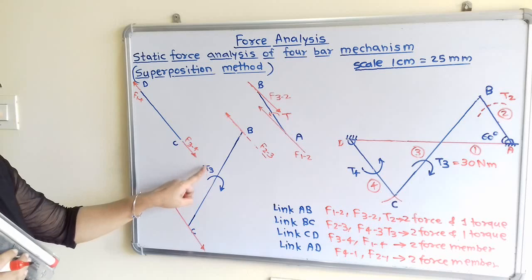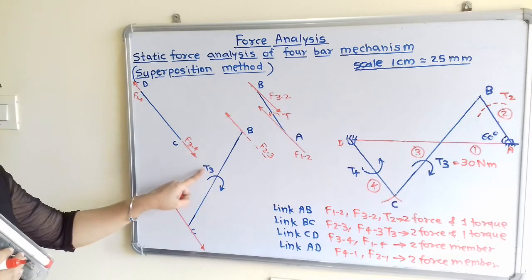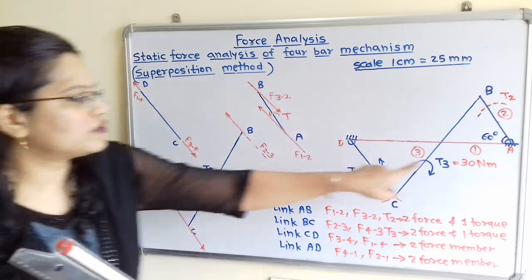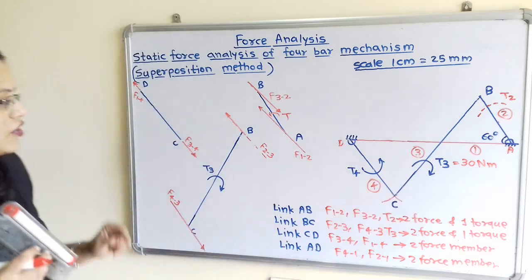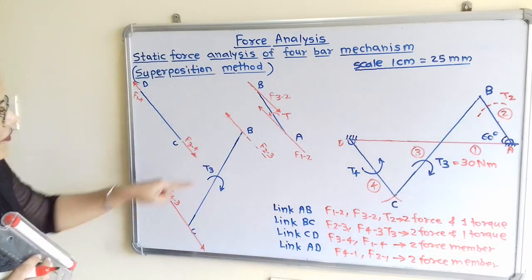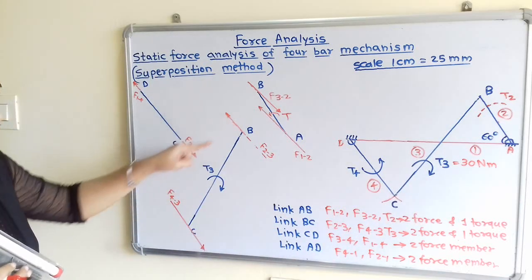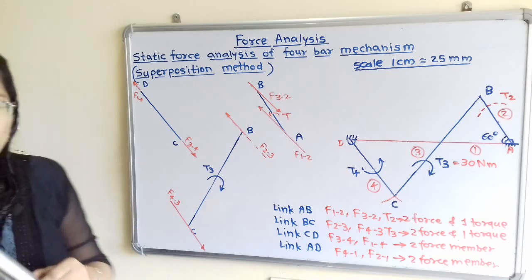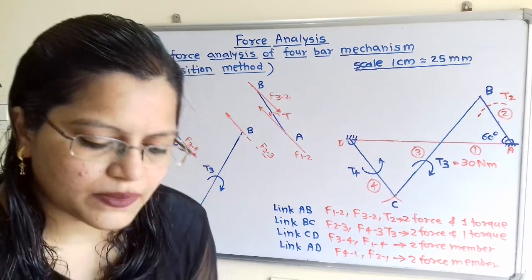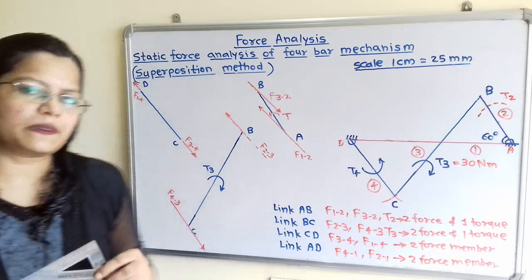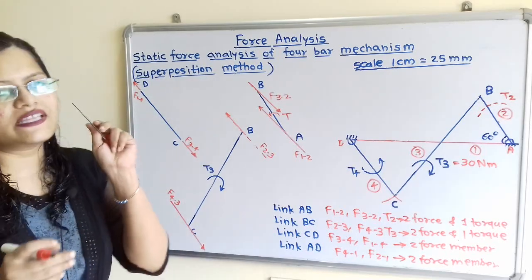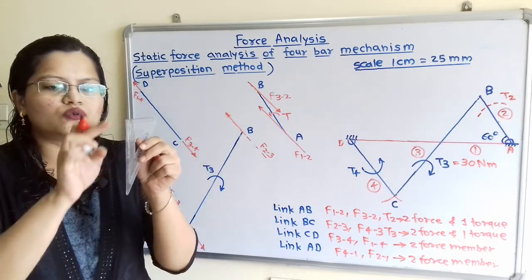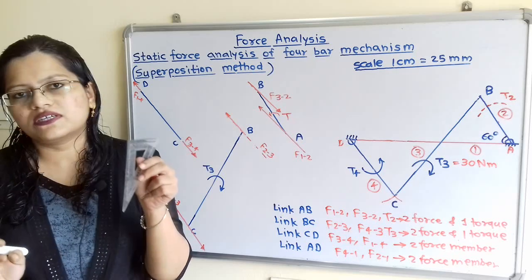So if we observe for this T3, we know the magnitude. It is 30 Newton meter. So we have to first measure the height between these two lines. So how to measure this height? Height means we have to measure the perpendicular distance. So with the help of this protractor, these two edges are perpendicular to each other.